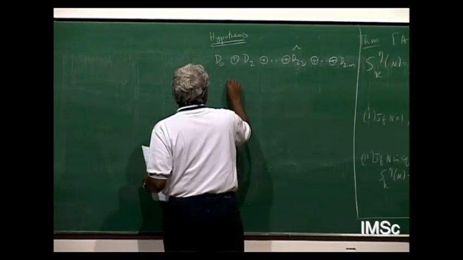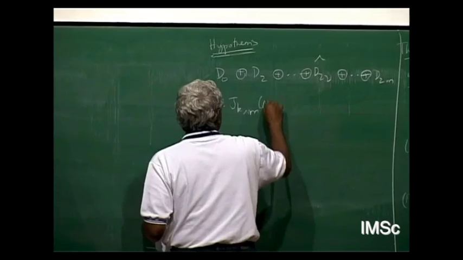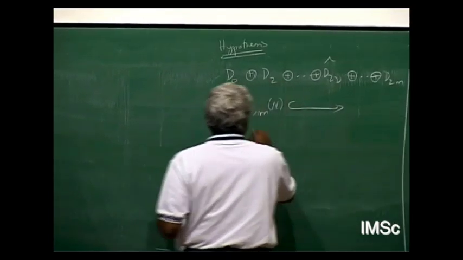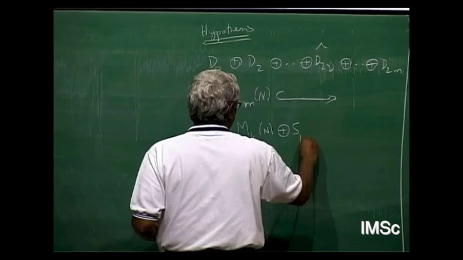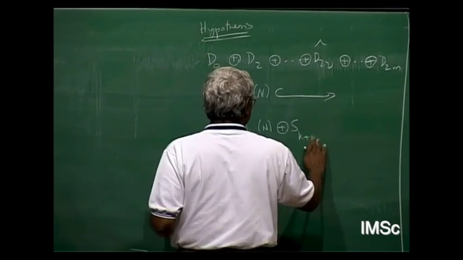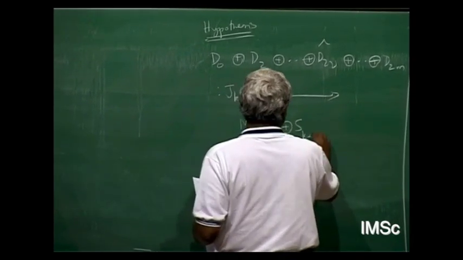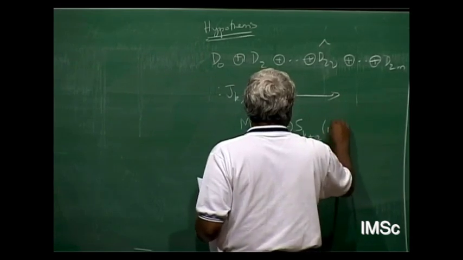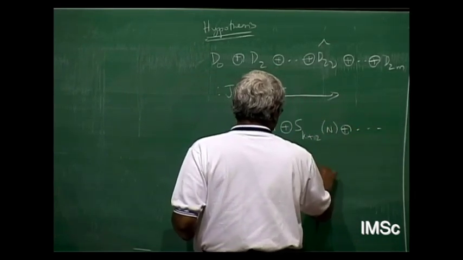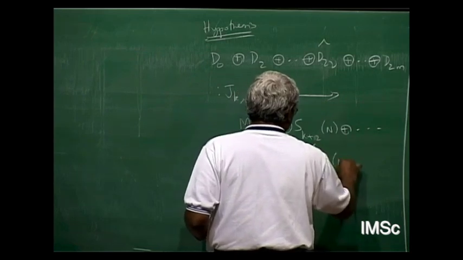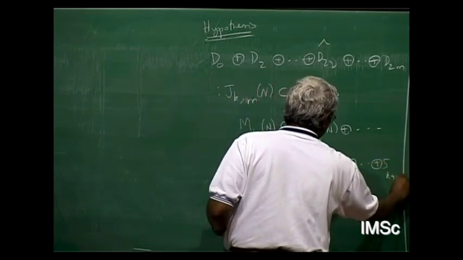J_{k,n} injective to M_{k,n}, S_{k+2}, S_{k+2}, mu equal to 2, S_{k+2nu}, S_{k+2m}.